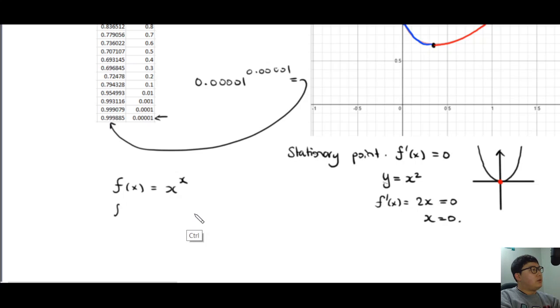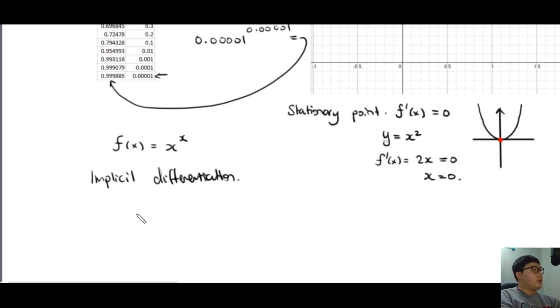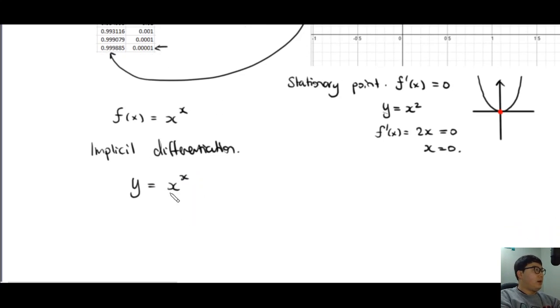Rather, what we need to do is what's called implicit differentiation. First, you have y equals x to the power of x, and then you have to take log on both sides. Taking log on both sides is not part of implicit differentiation, you just do that.